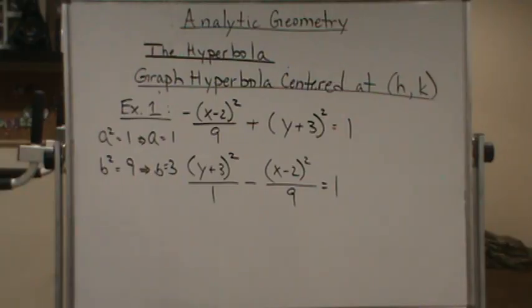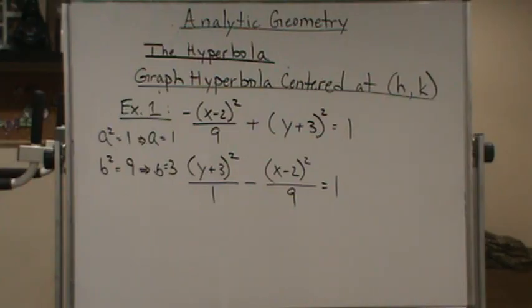Now, what about the center? Let me just see what they want us to do here. I don't think they want us to graph it, or maybe they do. Hold on. So now the center. Again, we have to look at the h and k. So what is h and what is k here?